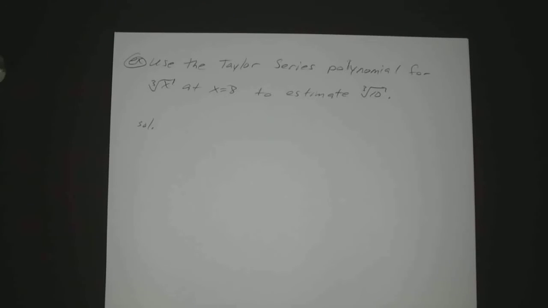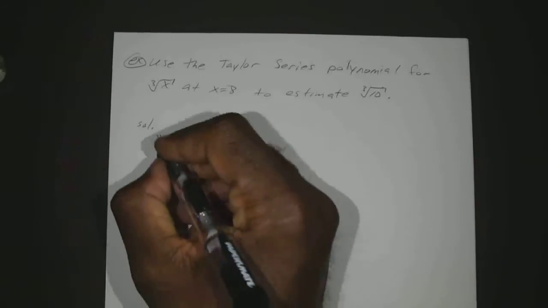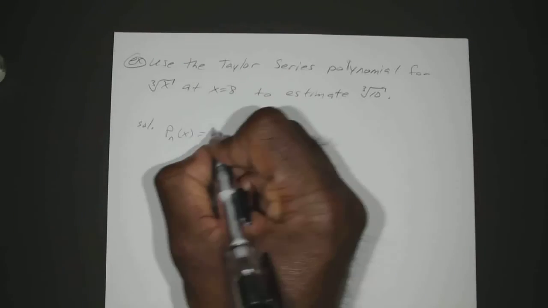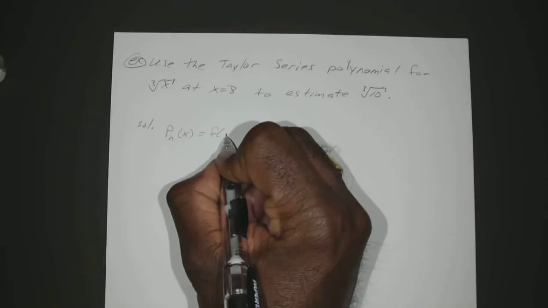Okay. Now for the Maclaurin series, they use a lowercase p sub n. For the Taylor series, they'll use the uppercase P sub n. Okay, so that's f of a.